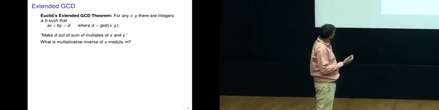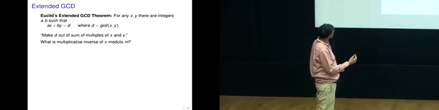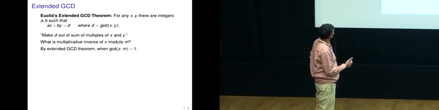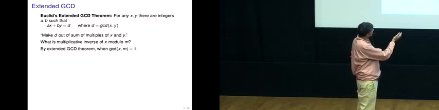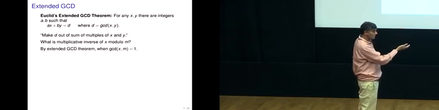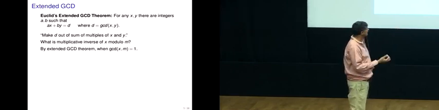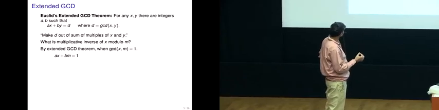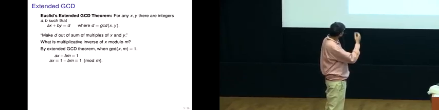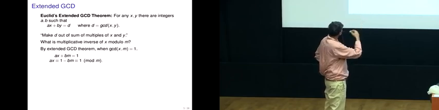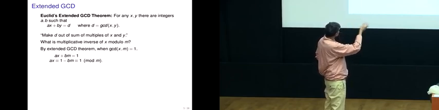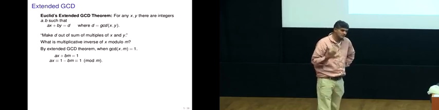Now, last time we asked what is the multiplicative inverse of x mod m. We take the GCD of x and m, and we know that it's 1 because it has an inverse. So we know that ax plus bm is equal to 1, and ax is equal to 1 minus bm. Mod m, where did the bm go?